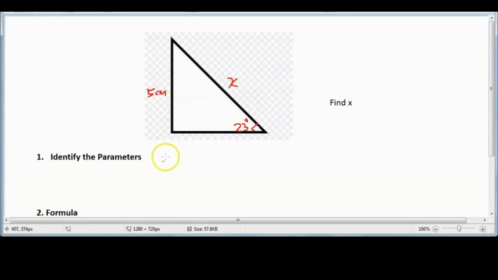opposite, which is 5 centimeter, and then the angle theta itself is 23 degrees.